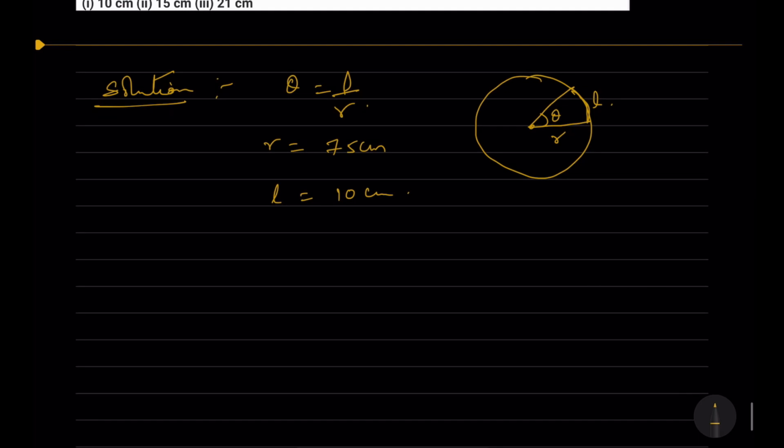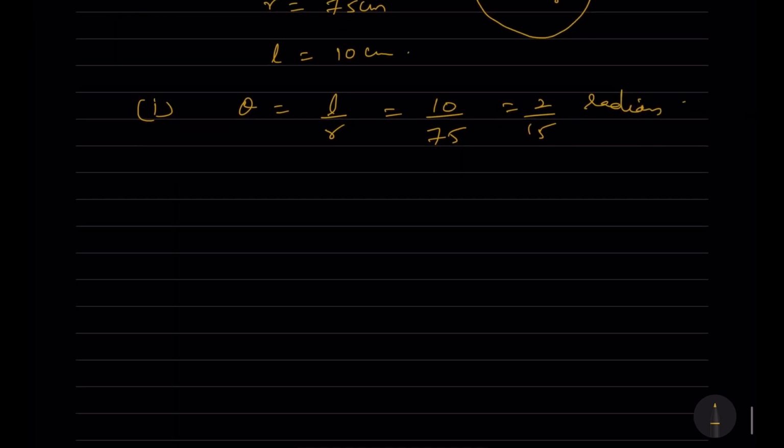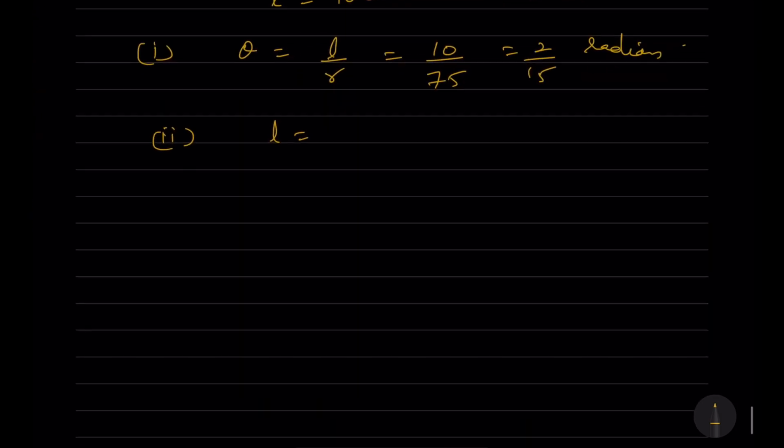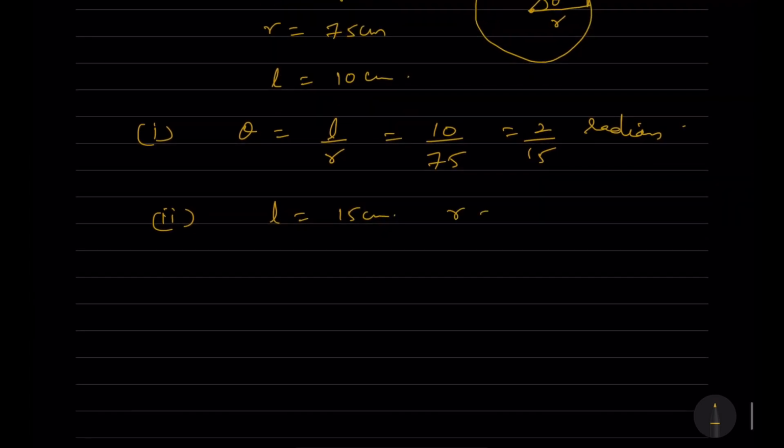So in the first bit, theta is equal to L by r, which is equal to 10 by 75, which is equal to 2 by 15 radian. Next, the second one, L is equal to 15 centimeters. Radius will always remain the same, so r is equal to 75 centimeters. Theta is equal to L by r, which is equal to 15 by 75, which is equal to 1 by 5 radian.